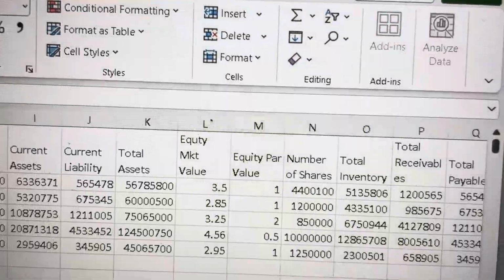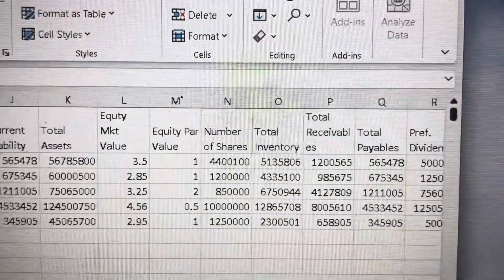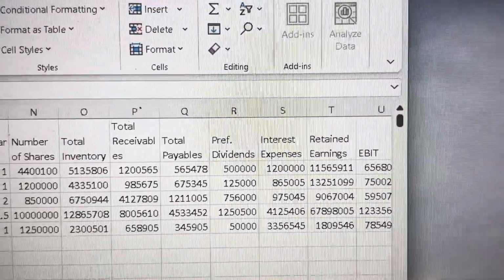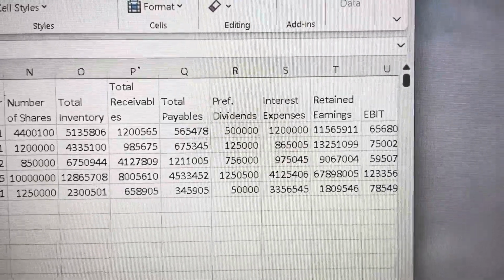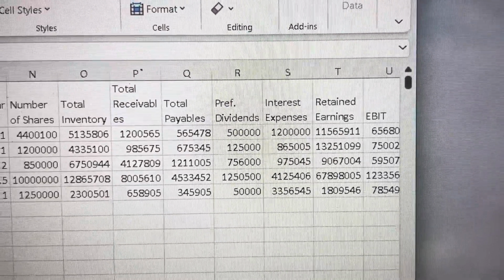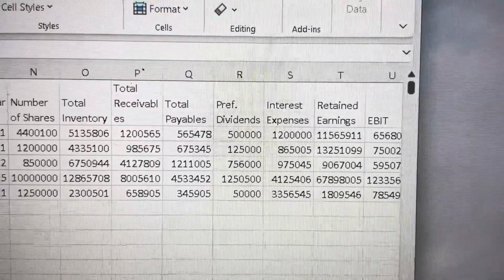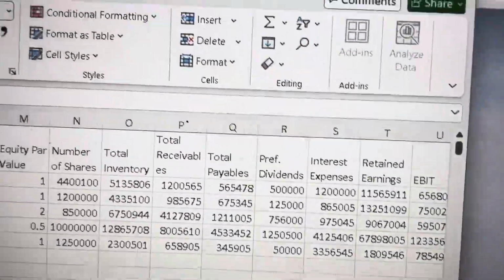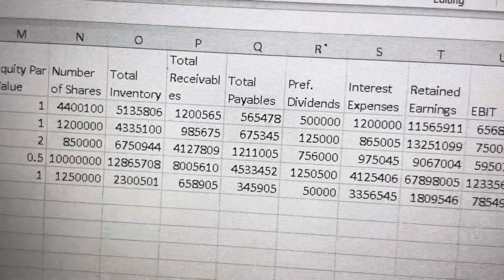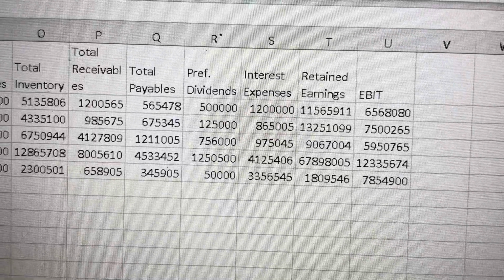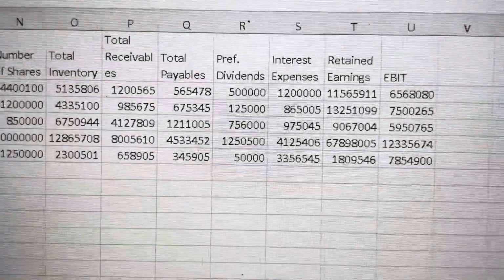Now we still have to go further to see what is there. And then preference dividends, interest expense, retained earnings, and EBIT, that is earnings before interest and tax.